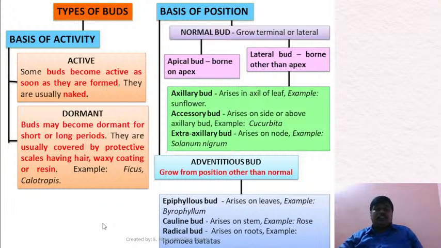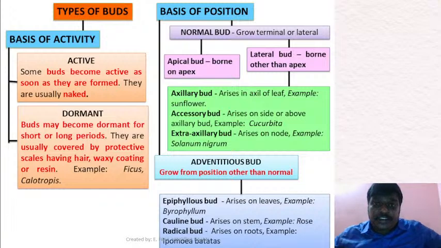Buds become dormant and will not grow for a short or longer period. They are covered by protective scales. There will be waxy coatings or resins. That's called dormant type. What are resins? Resins are waste produced by the plants.